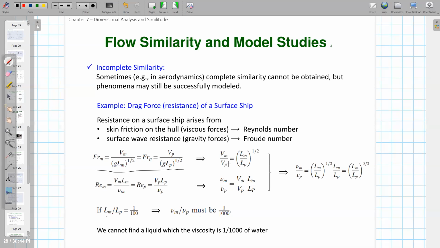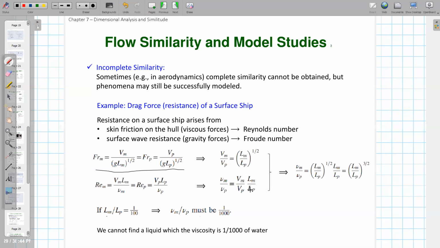So you have to satisfy both these two conditions, because Lm over Lp is usually given. We know in our lab how much smaller we want this ship to be. So I have to achieve both these conditions so that the flow has the similarity.